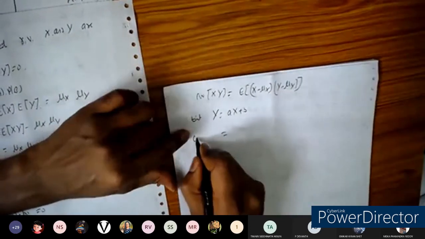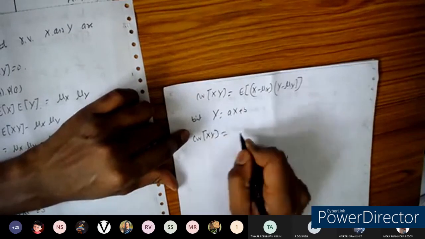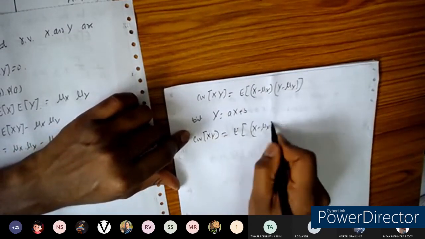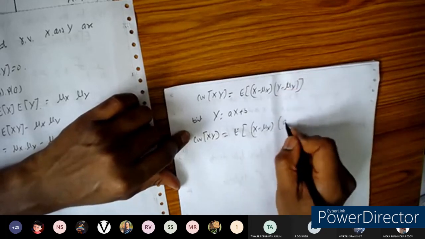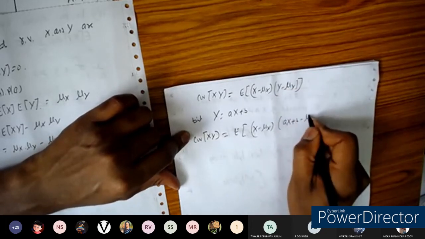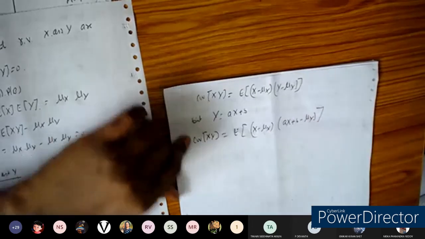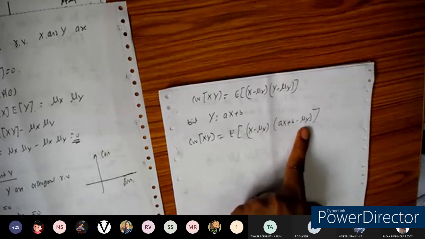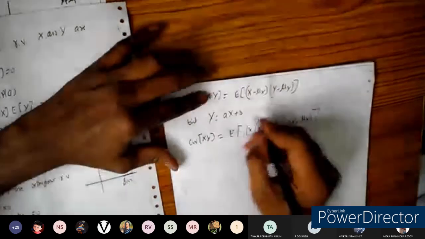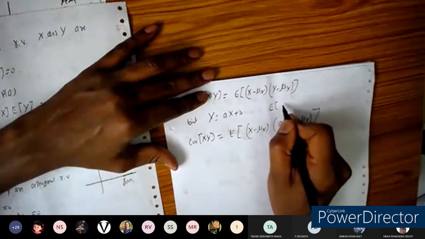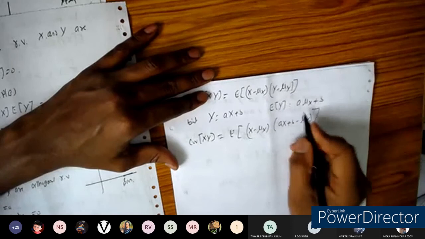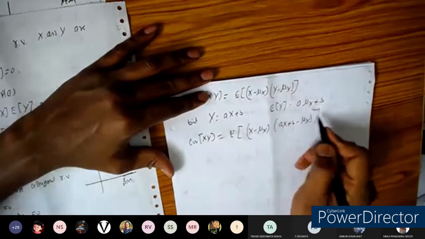So the covariance of x comma y will become equal to the expectation of (x minus nu x) into, in place of y, we can write ax plus b minus nu y. Similarly, the expectation of y can be written as a into nu x plus b, as we already saw in module 1.